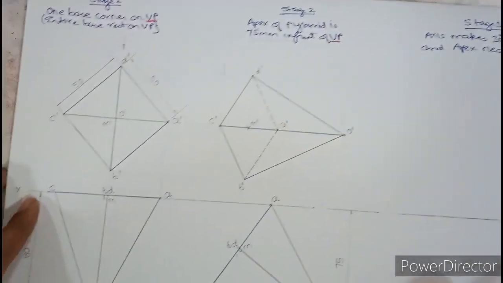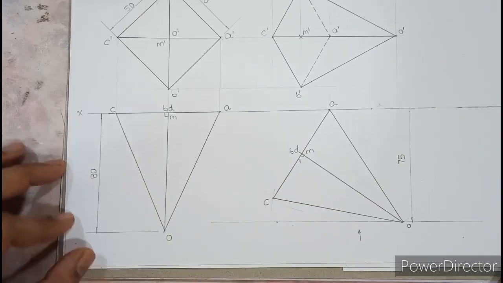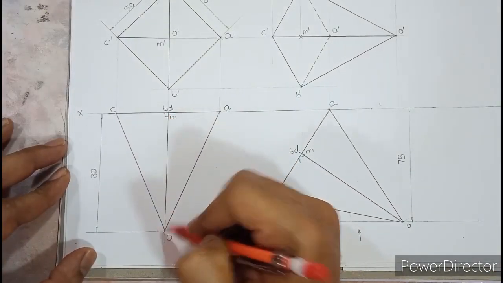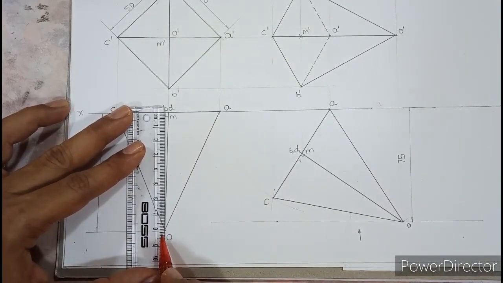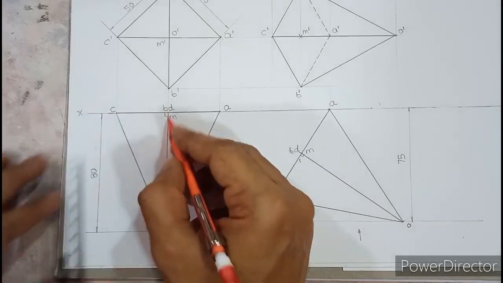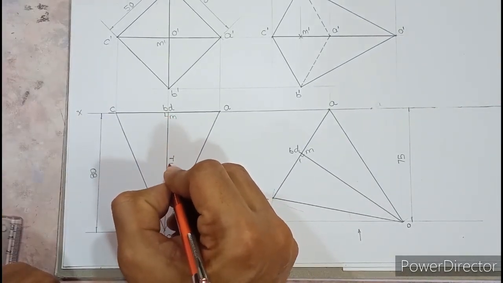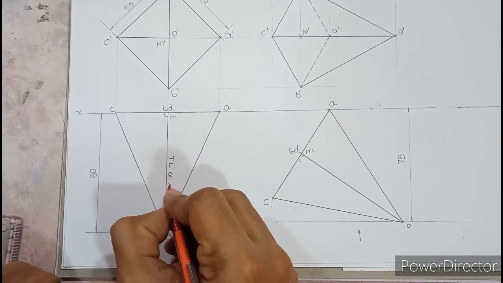So go back to this diagram. So in the question, axis length was 80 mm. So you can see that O2M, this was the axis, and if you measure, we have taken this as 80. Correct? So this is the true length of axis. I'll write TL over here. So TL means true length of axis.